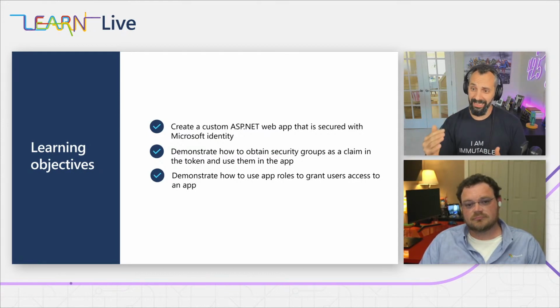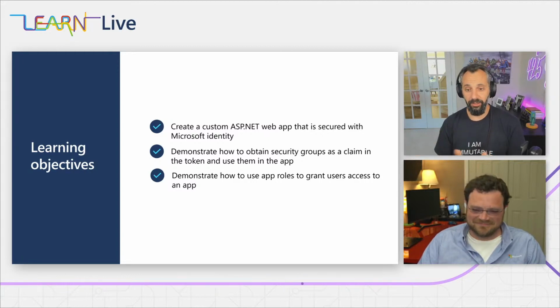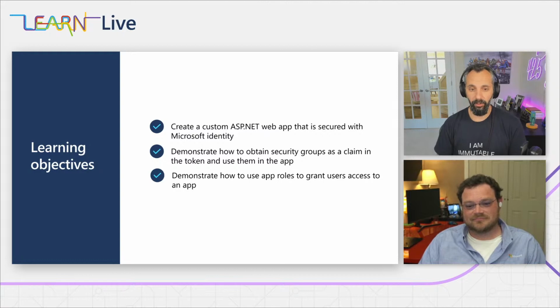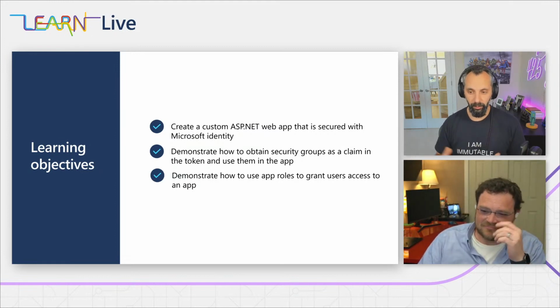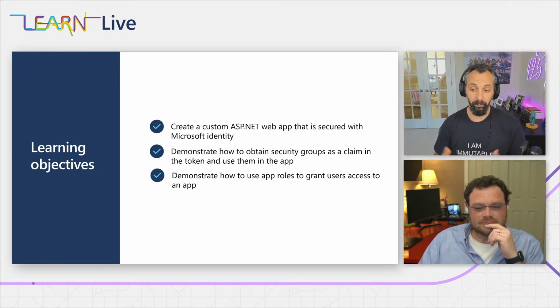In fact, it's an MVC application, not even a single page app, that authenticates users. Then we will add some security groups into that to show you how to add security group-based authorization, and then why you shouldn't be doing that. And then JP will take it back and show you how to do it properly going forward, role-based authorization, which is what we want you to start using because of all the niceties that come with role-based access.